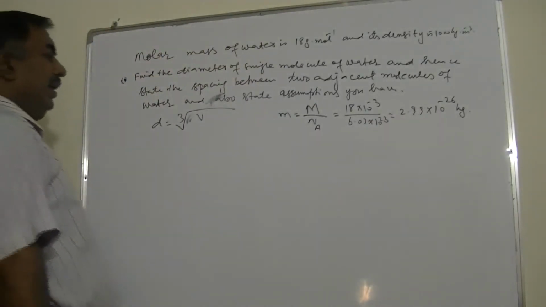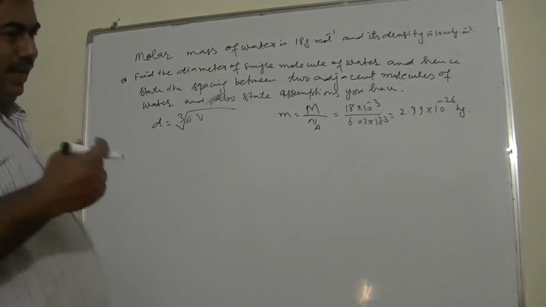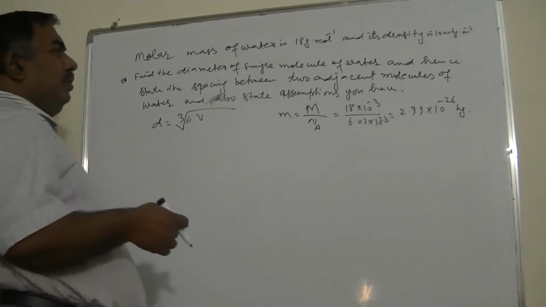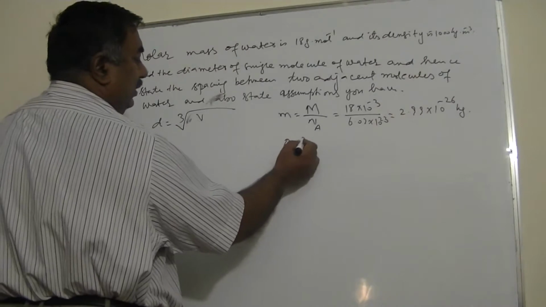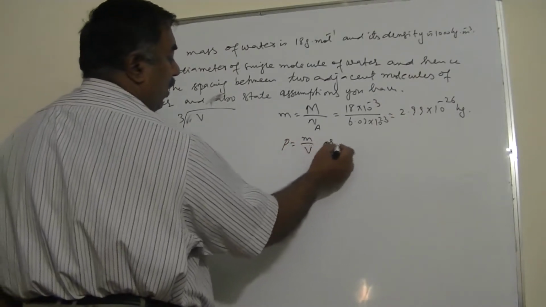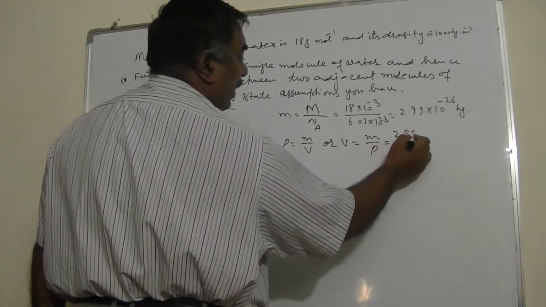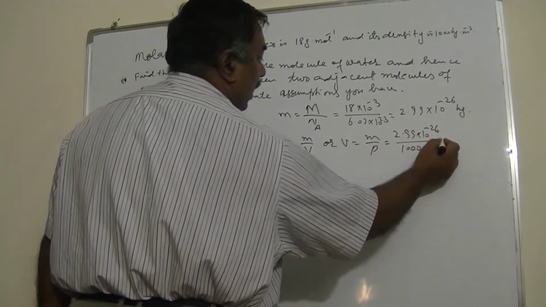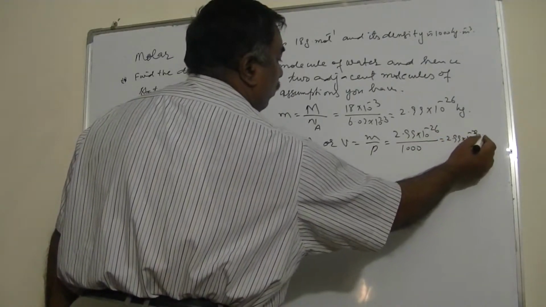Now I will calculate the volume of a single molecule. The concept is the same: whether there is one molecule or 1000 molecules, the density is always the same. So I will say density is equal to mass upon volume, so volume will be mass upon density. Mass is 2.99 into 10 power minus 26 divided by 1000, and it becomes 2.99 into 10 power minus 29 meter cube.